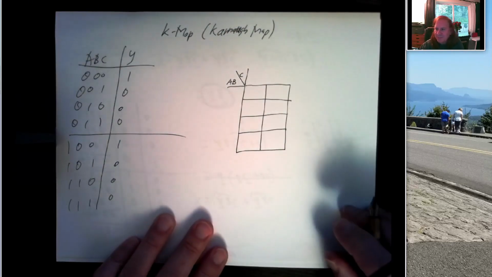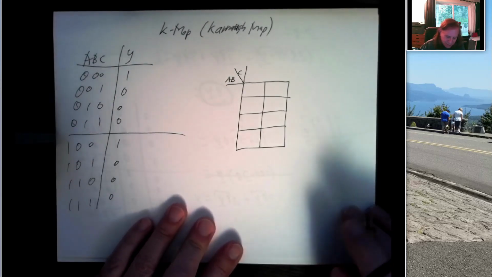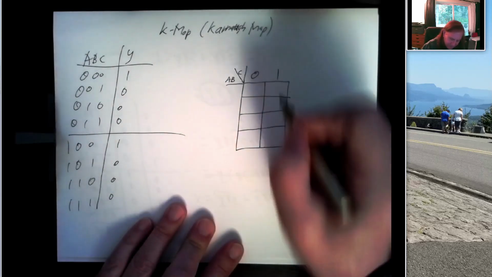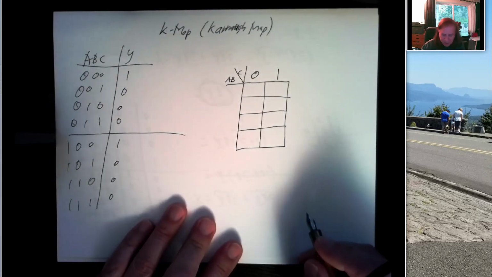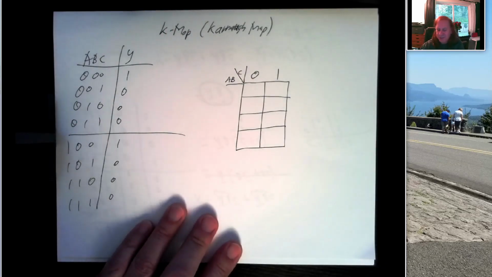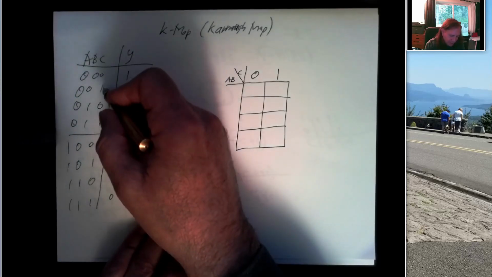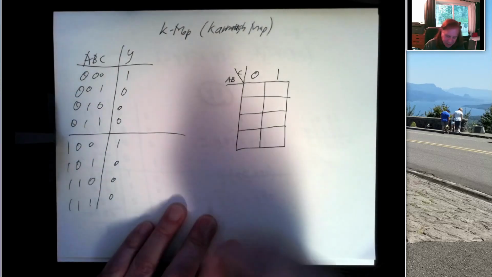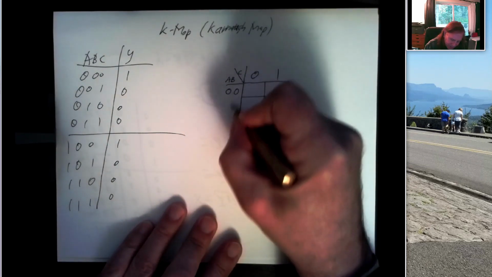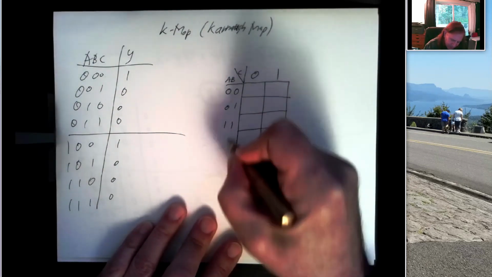And we list all the possible values of these variables. So C is either a 0 or a 1. AB we know could be 0, 0, 0, 1, 1, 0, 1, 1. We have to write this in a different order though. With truth tables, we always want to write things in this particular order. But with K-maps, when we have two variables, we write them in this order.